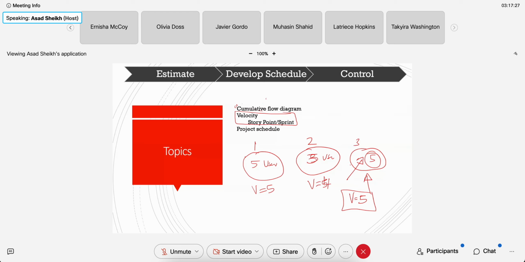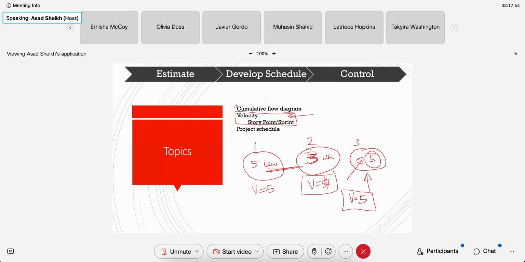At least you know that your average velocity from the first 2 sprints is no longer 5, it's 4, based on the previous 2. Before it was 5, now it's 4 because you did 3 in this particular example.